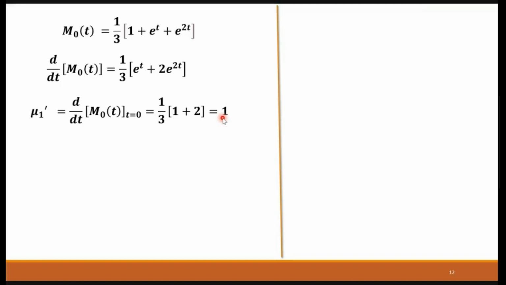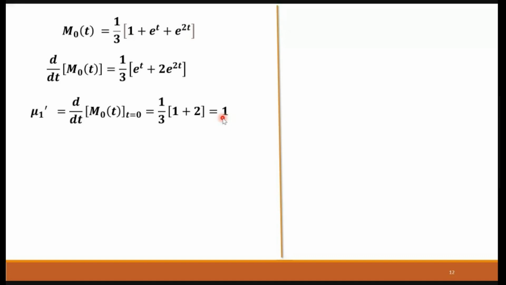नेक्स्ट हमें क्या निकालना है? Variance. Now variance कहां से मिलता है? How do we get variance from the moments formula? Is it mu2 dash or mu2? Variance we get it from where?